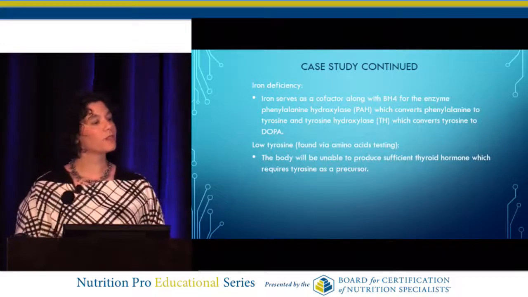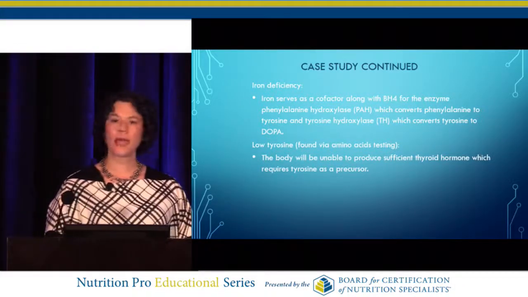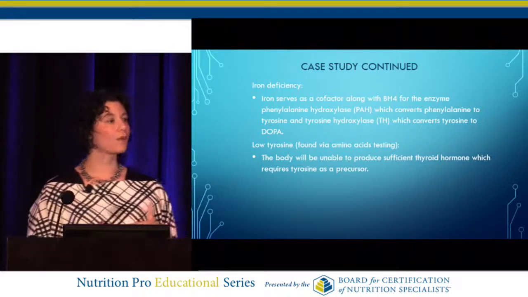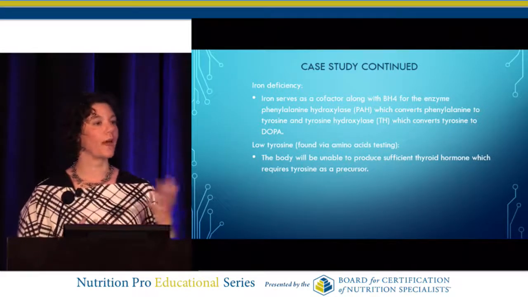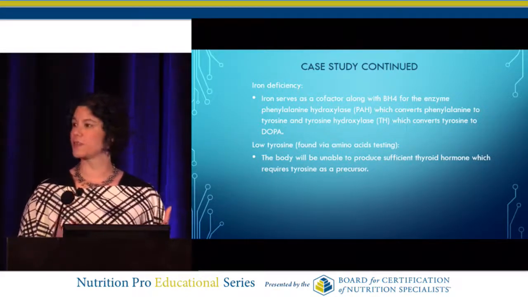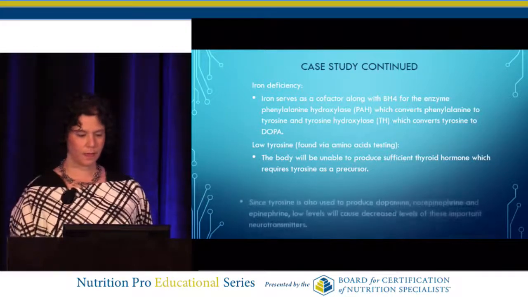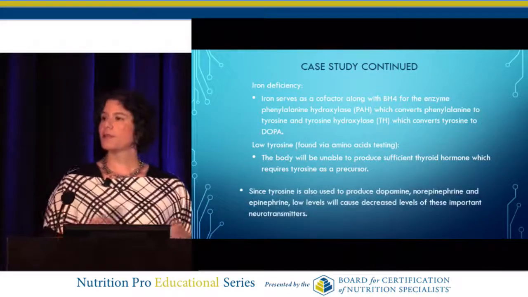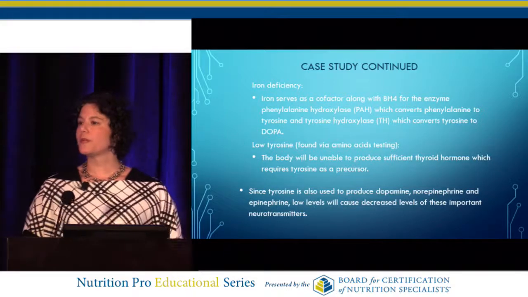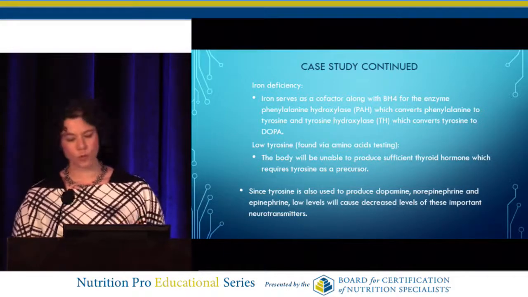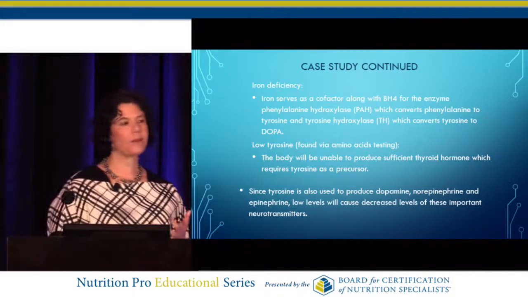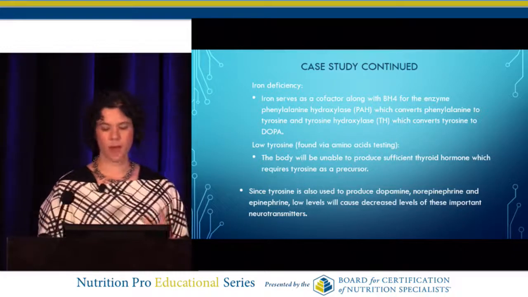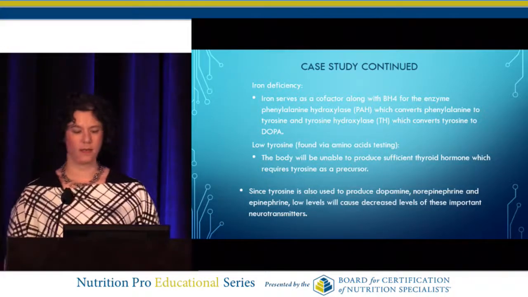And if we don't have sufficient levels of tyrosine, we can't possibly make sufficient thyroid hormone, and that's going to account for the hypothyroidism that we've been finding in this patient. Ultimately, though, it's going to impair her ability to produce her monoamines. So her dopamine, norepinephrine, and epinephrine levels will be greatly affected by this iron deficiency.